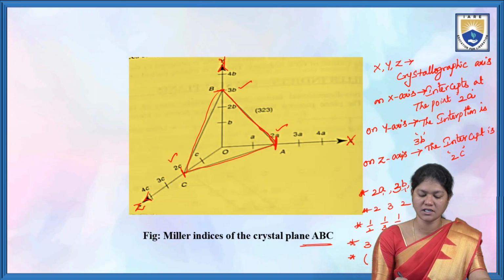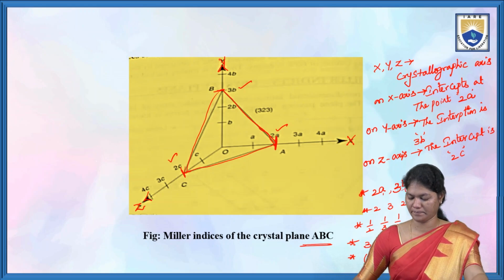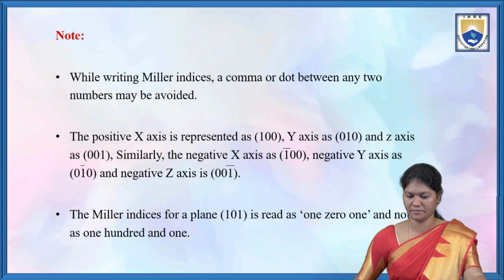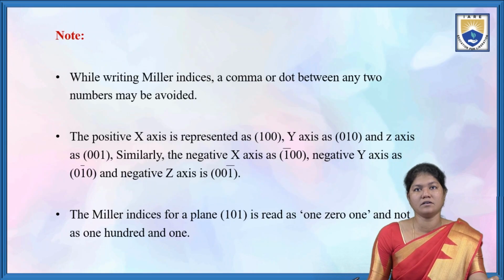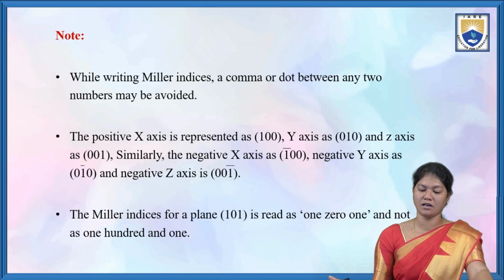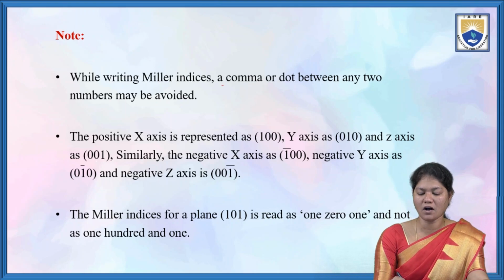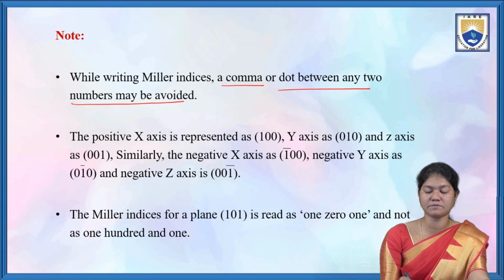So for this crystal plane, we determined the Miller indices. We have to note some points related to the Miller indices while writing them. A comma or dot between any two numbers should be avoided.